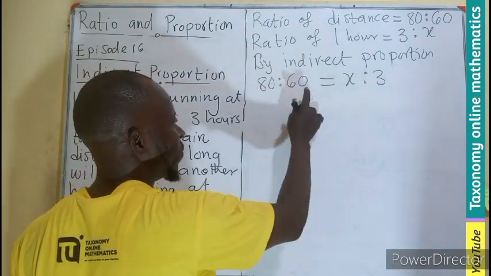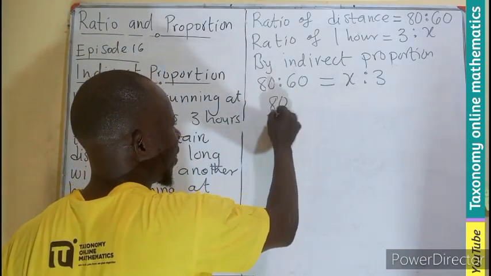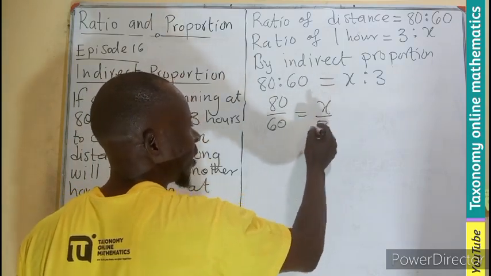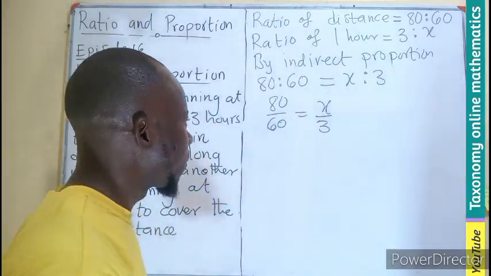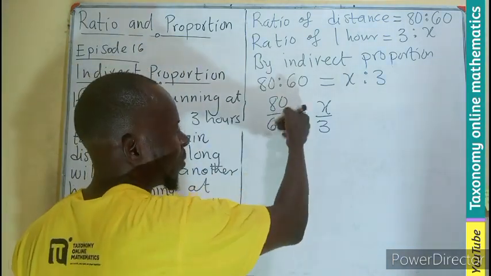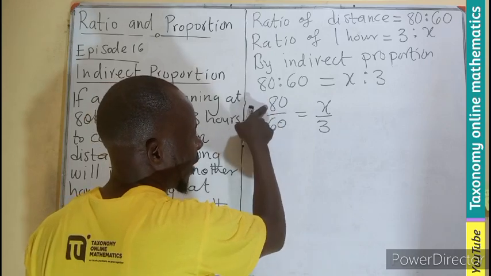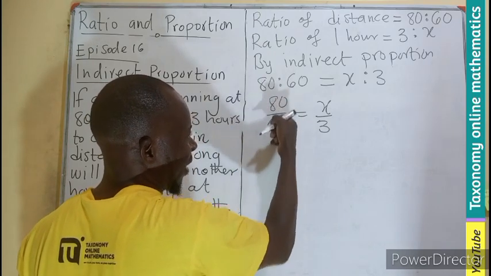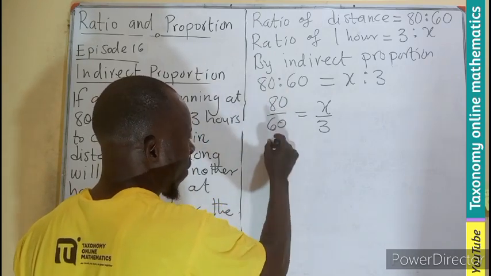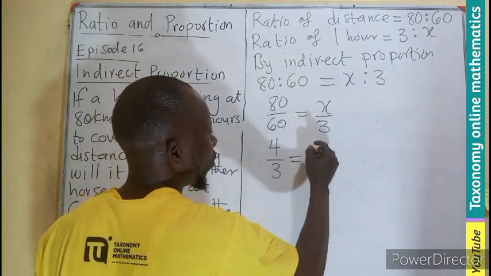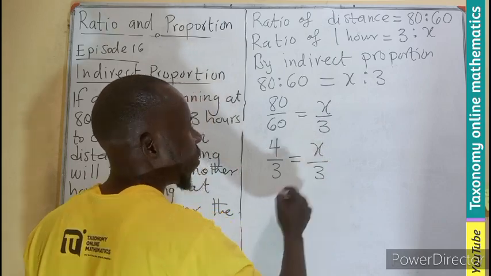So this in fraction form will be 80 on 60 equals x on 3. We know a ratio is a fraction, right? We can cancel to have 2 here after taking the 10 away: 4 on 3 equals x on 3.